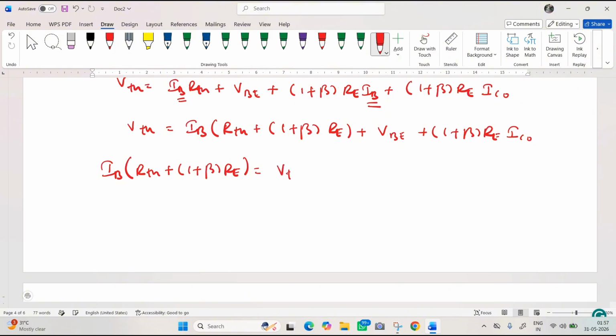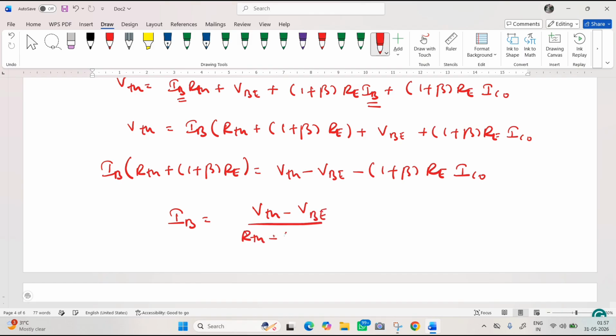Then it will become VThevenin minus VBE minus 1 plus beta times RE into ICO. Then finally, I will find the expression of this IB. This IB will become VThevenin minus VBE divided by RThevenin plus 1 plus beta times RE, right?